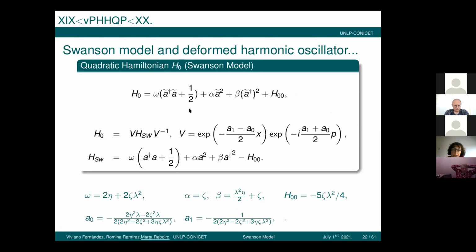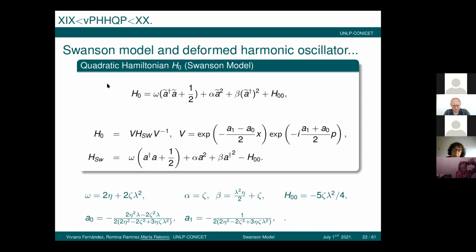So we realize that the simplest realization of this algebra is the Swanson Hamiltonian.